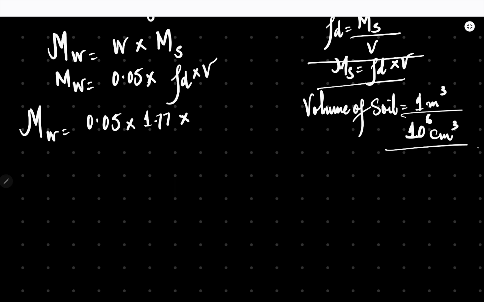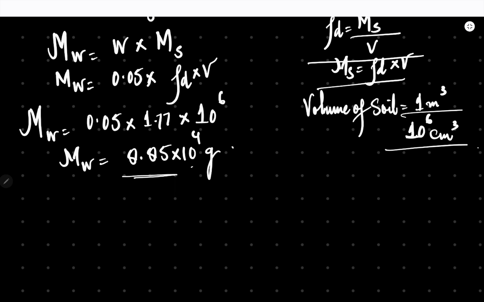Alright, since this is in gram per cc, that's why I have to change the units of this. 1 cubic meter is 10 raised power 6 centimeter cube. So mass of water by this becomes 8.85 into 10 raised power 4 grams. Alright, this is the mass of water, right?